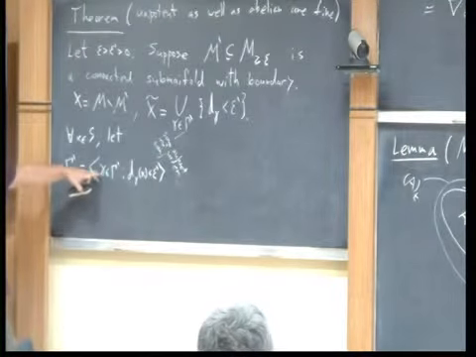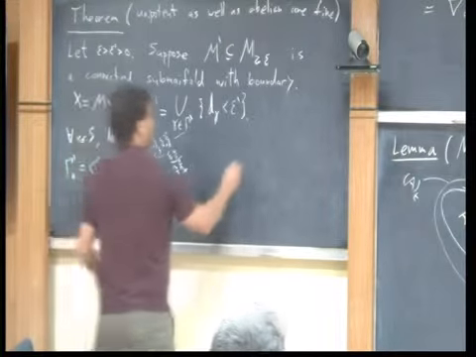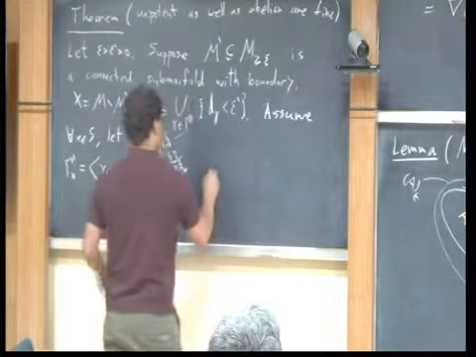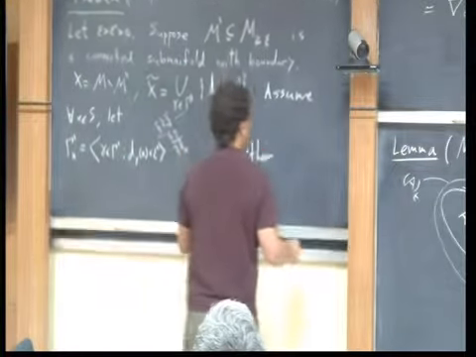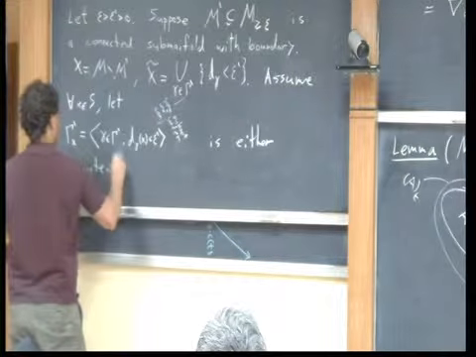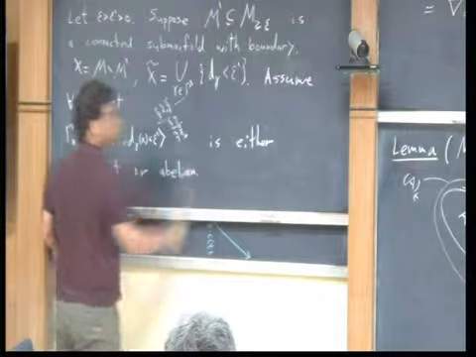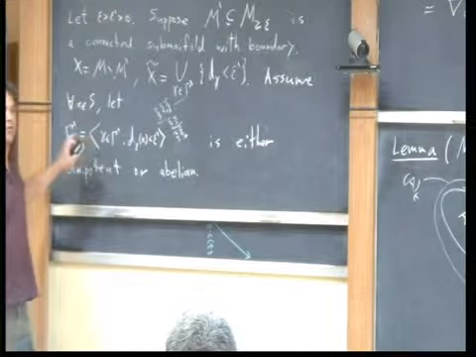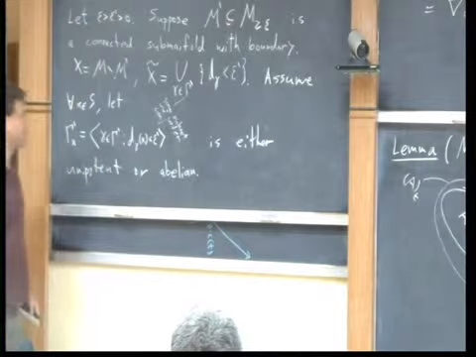So the group of small elements. And assume that for every x, this group is either unipotent or abelian. Either it's an abelian group or it's a unipotent group. Unipotent, I mean containing a connected unipotent.